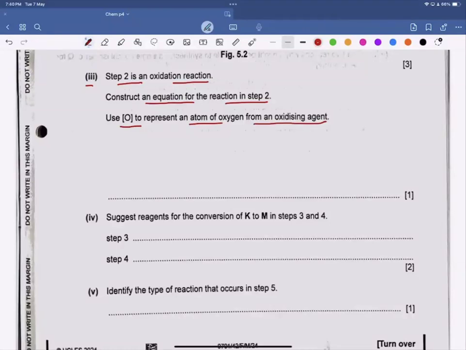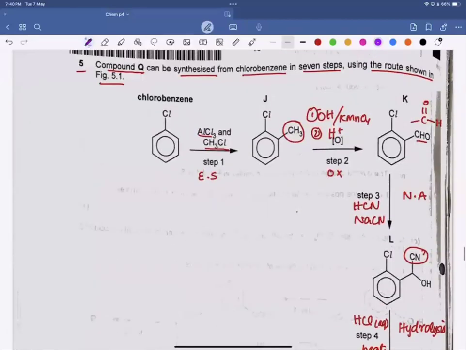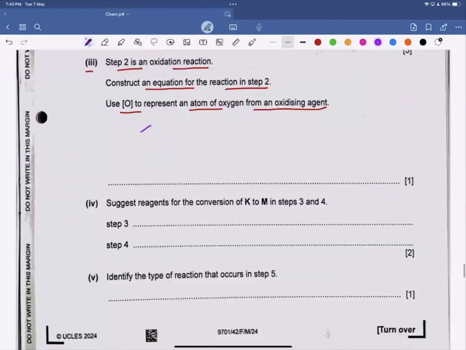So the equation can be drawn like this. If you see, the reactant is 2-methylchlorobenzene. So benzene ring, over here chlorine, over here CH3.